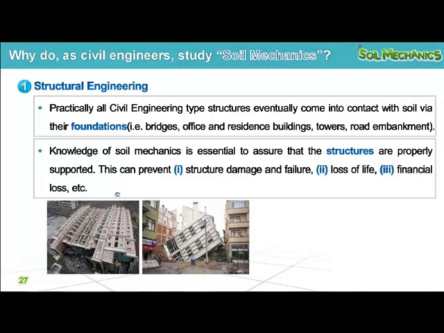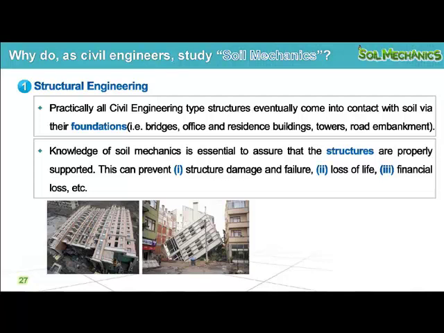As you can see in the photo, it shows a building collapse. It can be caused by many factors, such as earthquake, tsunami, storm, and underground soil with low bearing capacity that cannot support the very high load from the superstructure.